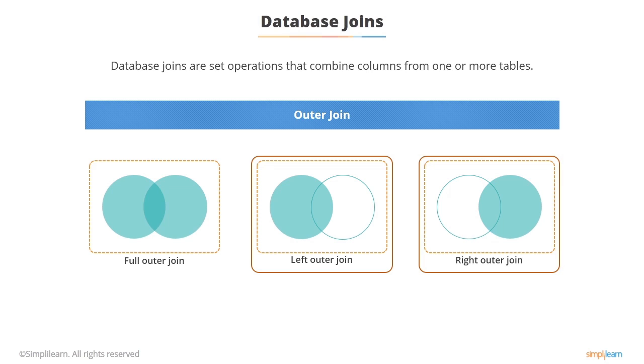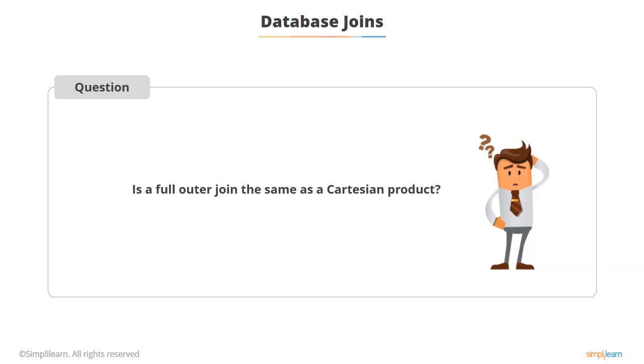The difference between a left outer join and a right outer join is just which table you specify first. I tend to just use left outer joins actually, because all I've got to do is change the order of the tables to turn a right outer join into a left outer join, although using the smallest table first often helps. A full outer join, like a Cartesian product, the answer is yes.